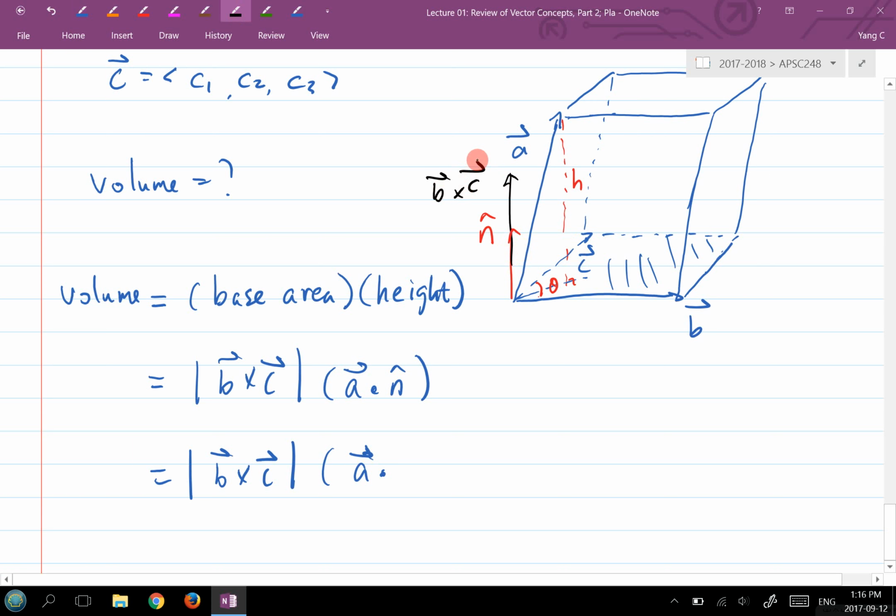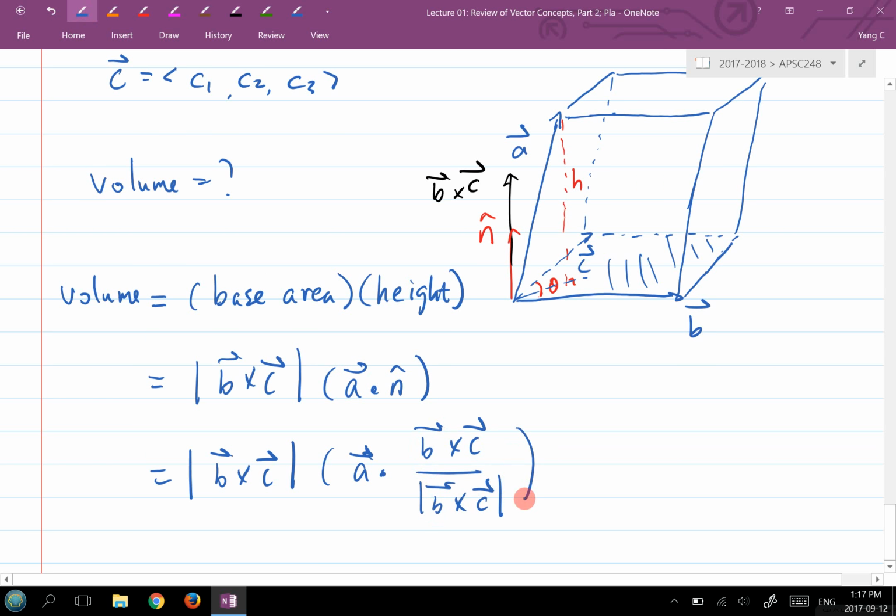How do you find the direction n hat? You just have to normalize this vector by its length. Now that's n hat. Does that make sense?